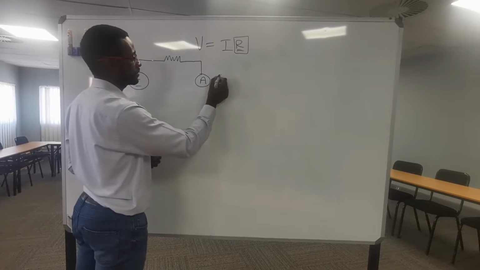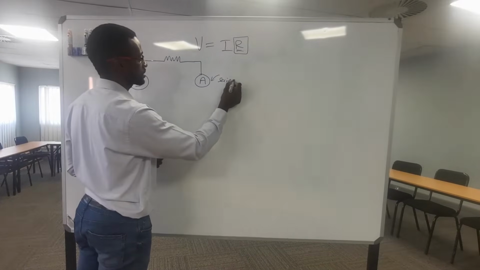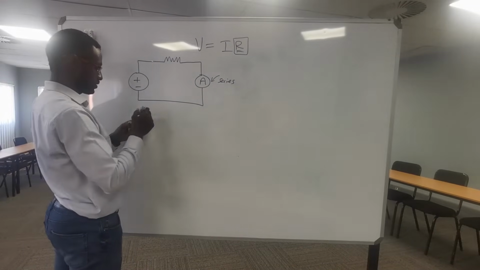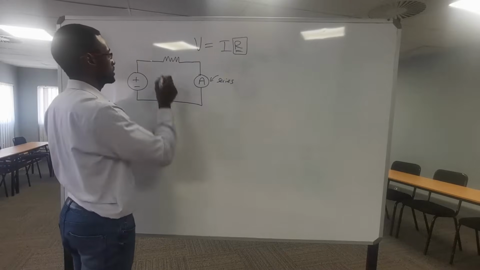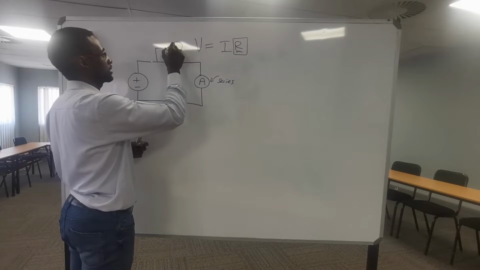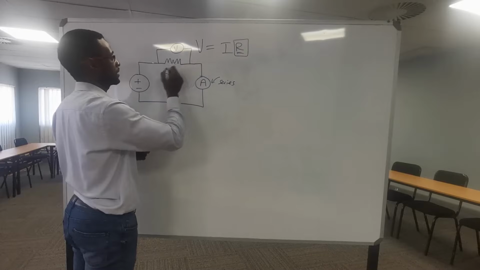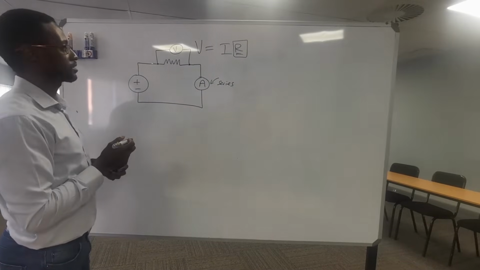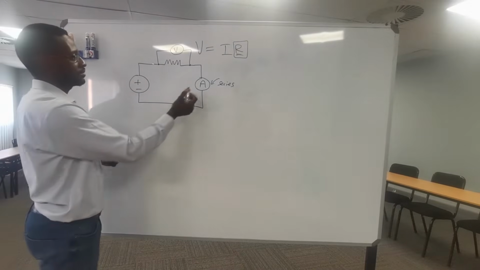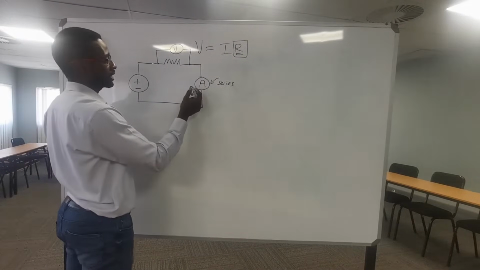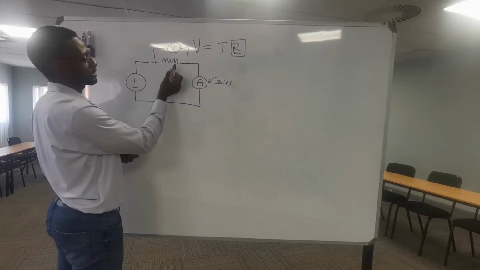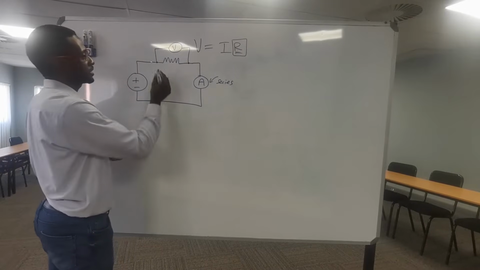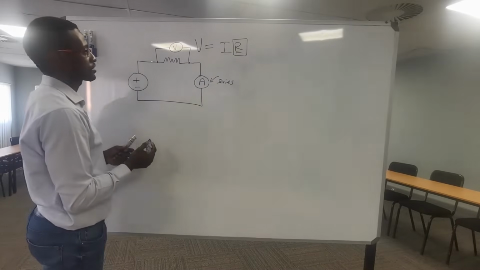You should know that the ammeter is connected in series to your circuit, and then you should also have a voltmeter, which you should understand is connected in parallel to the resistance of the circuit, right? So the ammeter will measure the current flowing through the circuit, and by extension the current flowing through that resistor, and the voltmeter will measure the voltage across the circuit.